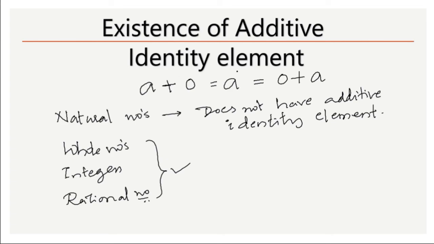The same property is discussed in your textbook as a role of 0. So the role of 0 is the same as the existence of additive identity element.